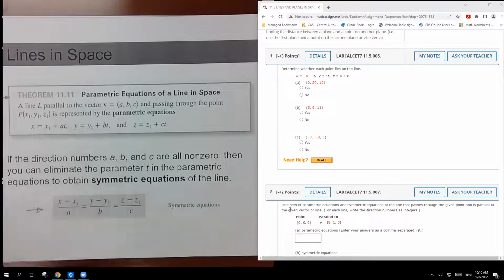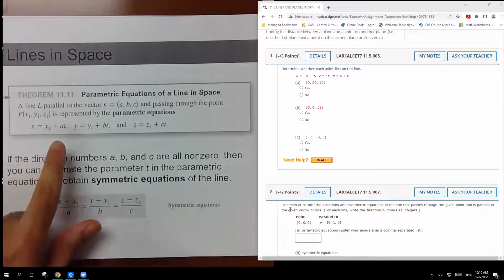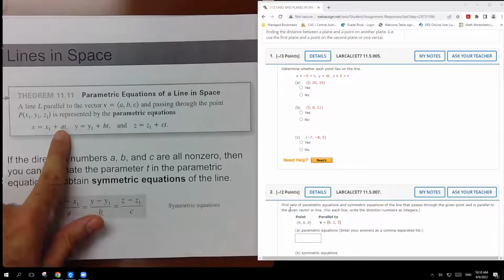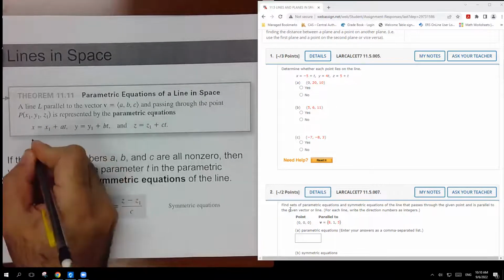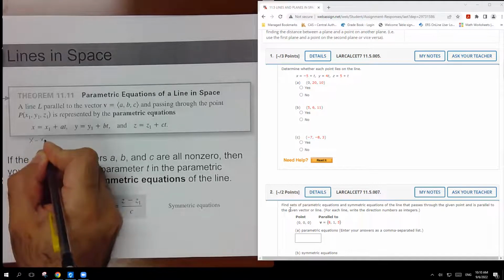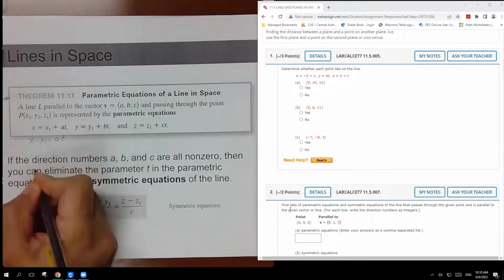There's another type of equations called symmetric equations of the line, which is X minus X1 over A. That means T: if you solve for T, you move X1 to the other side, so X minus X1 equals AT.